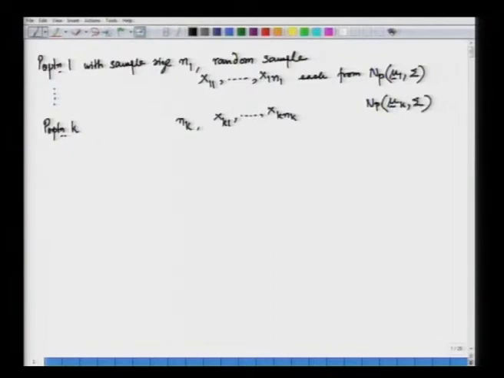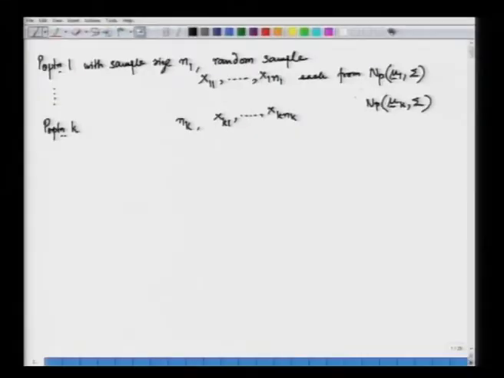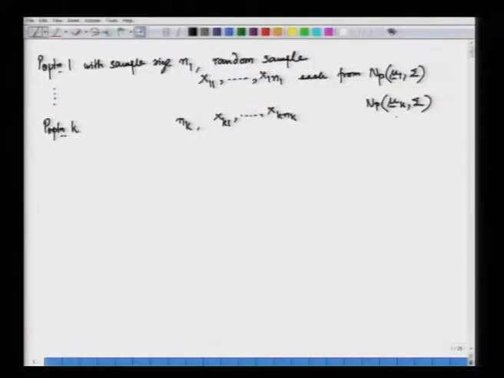Note that to differentiate between the populations, we have different notations for the means. The mean mu i pertains to the ith population, which has sample size ni, but we have to take care of the fact that the covariance matrix is the same throughout. It is the same sigma, and we have only the usual assumption that sigma is positive definite, which we denote by sigma greater than 0.